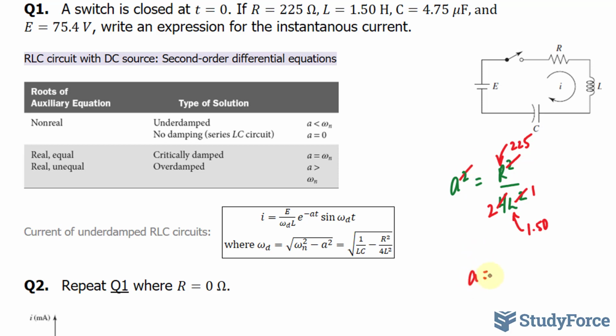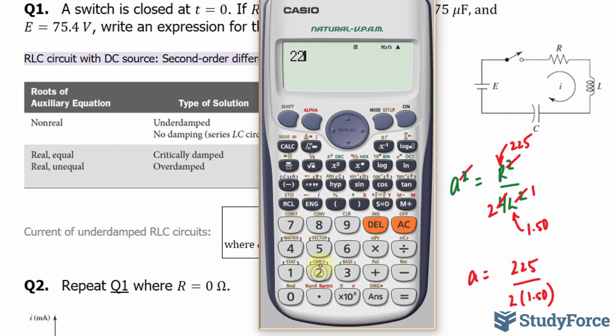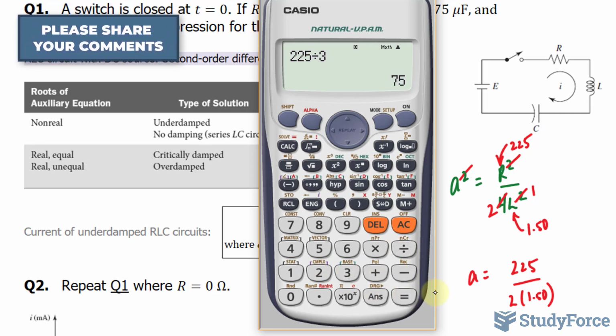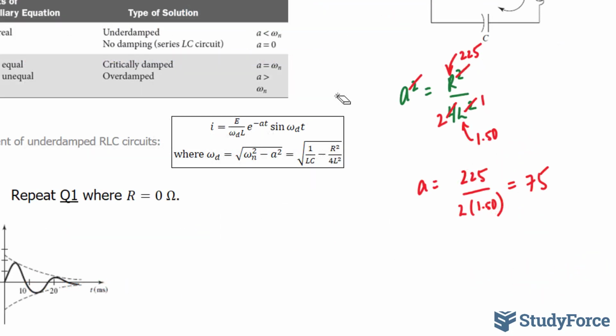So we have A is equal to 225 over 2 times 1.50. Let's go ahead and find out what that is. 225 divided by 3, because 2 times 1.5 is 3, and we end up with 75. And the units for A are in radians per second.